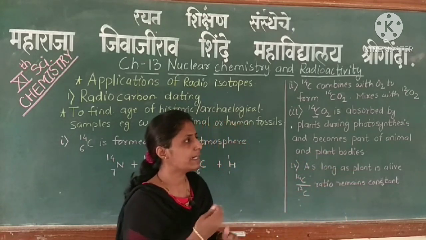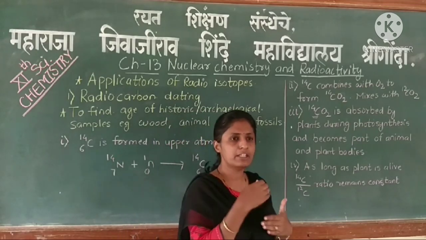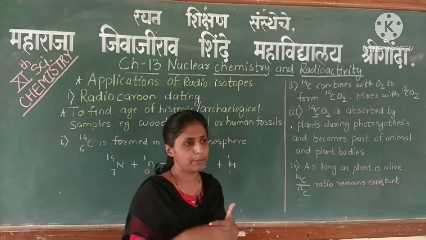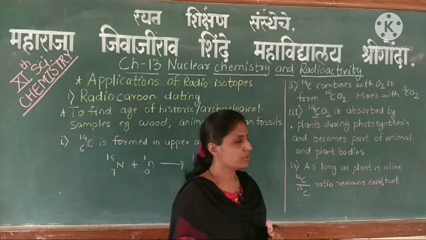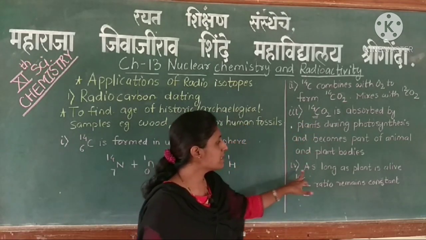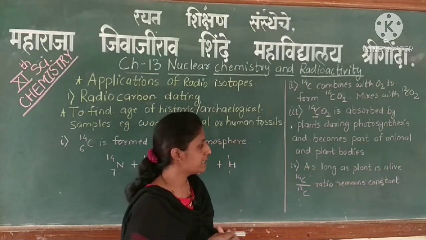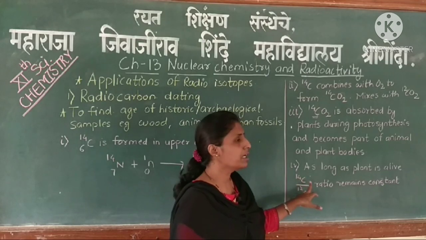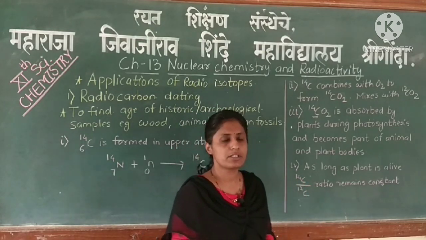It is absorbed in food, and when human beings or animals eat this food, carbon-14 is introduced into their body. As long as the plant is alive, this carbon-14 to carbon-12 ratio is constant.